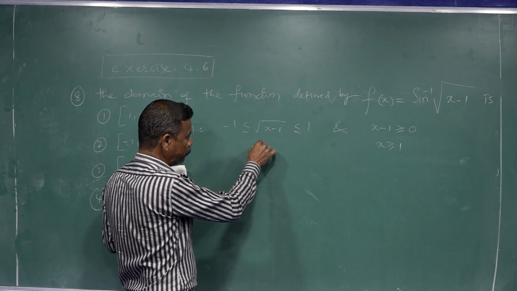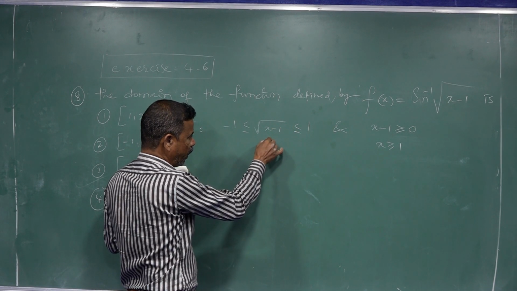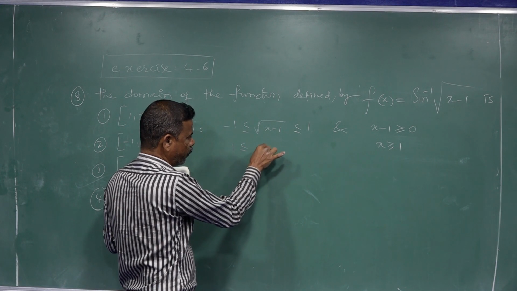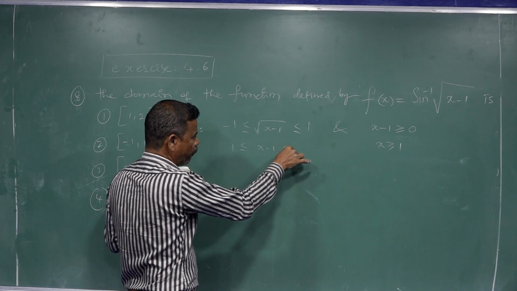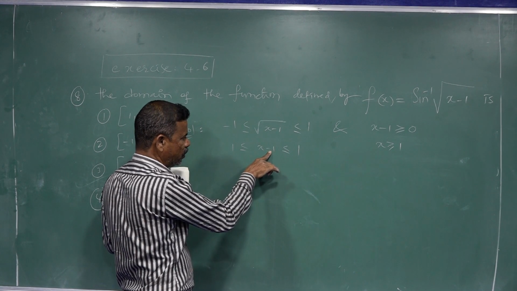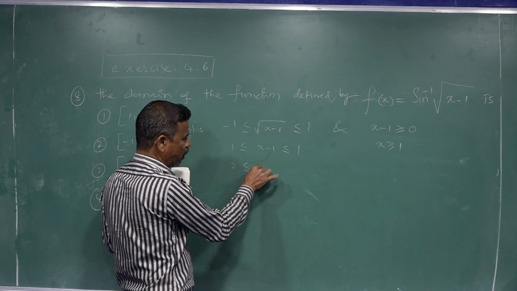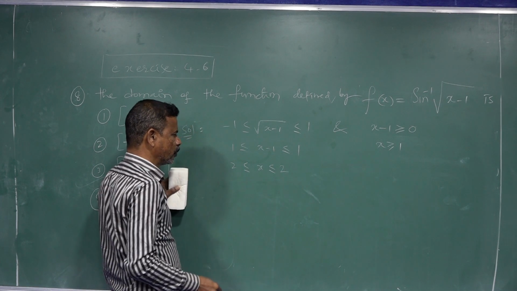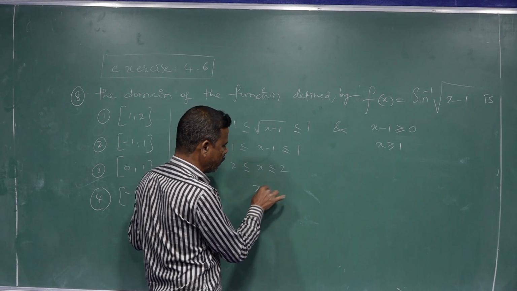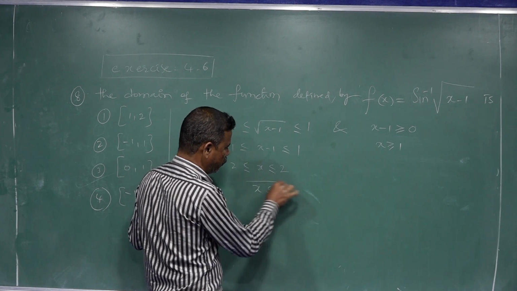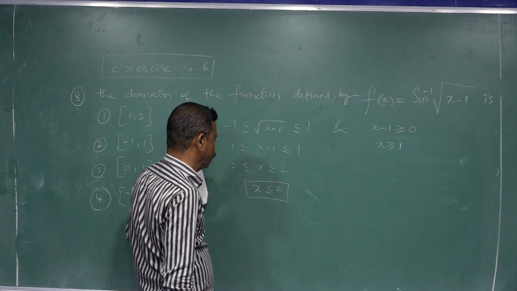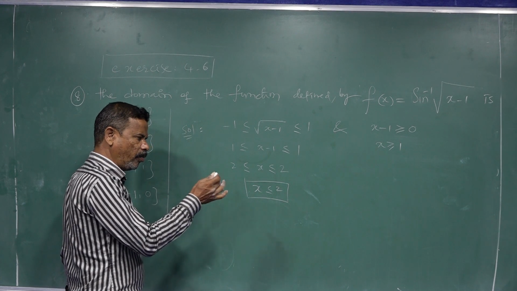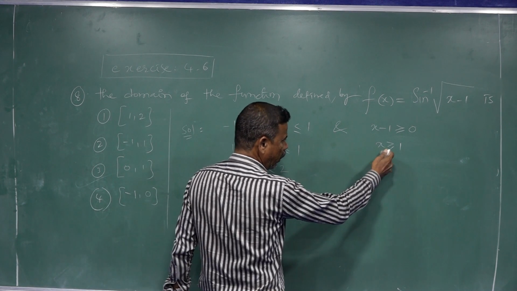Here, the square root given, squaring on both sides, minus 1 square 1, less than or equal to x minus 1 less than or equal to 1. This minus 1 take in this side, plus 2, less than or equal to x less than or equal to 2. This means x less than or equal to 2, consider. X less than or equal to 2. So 2 and below 2, and 1 and above 1.